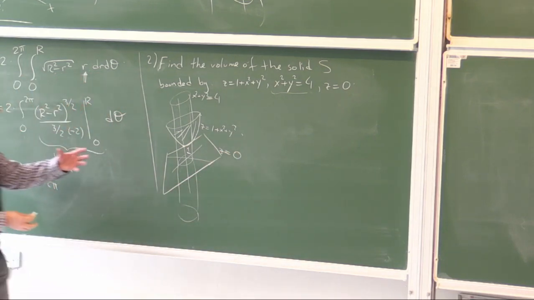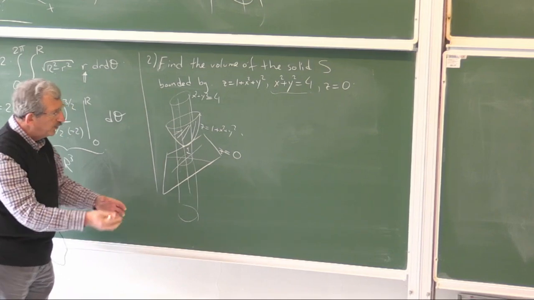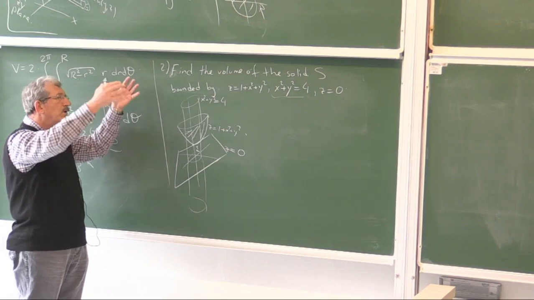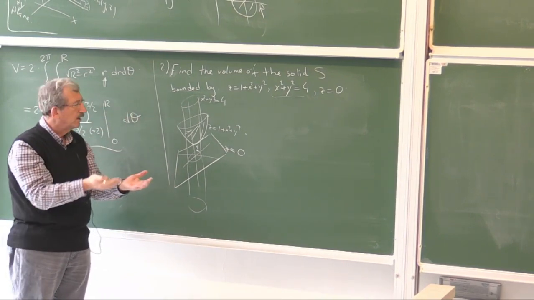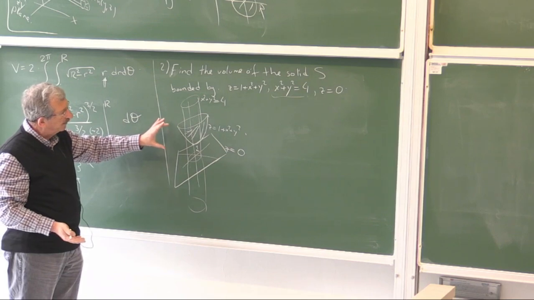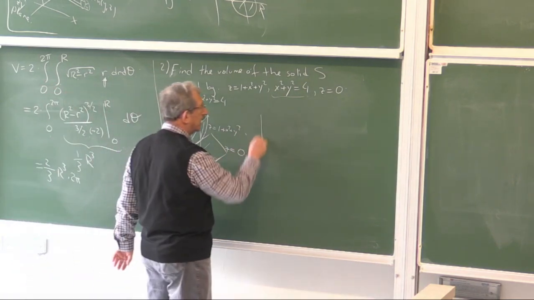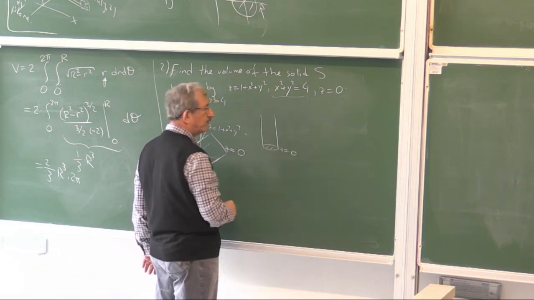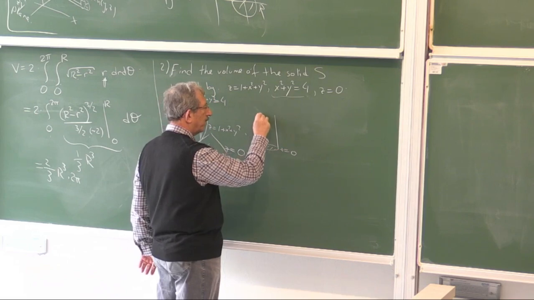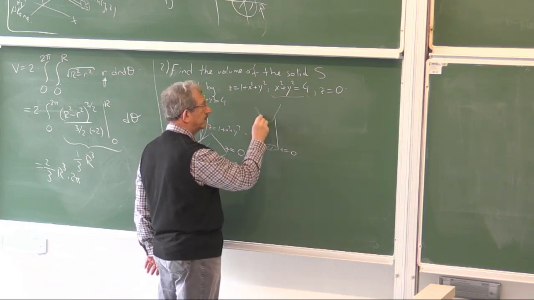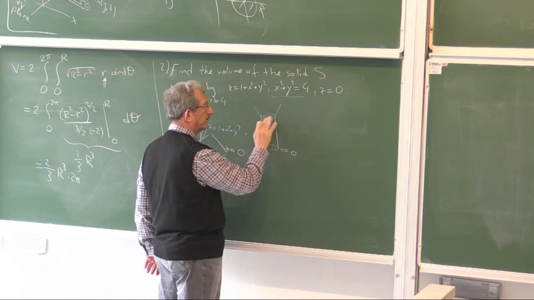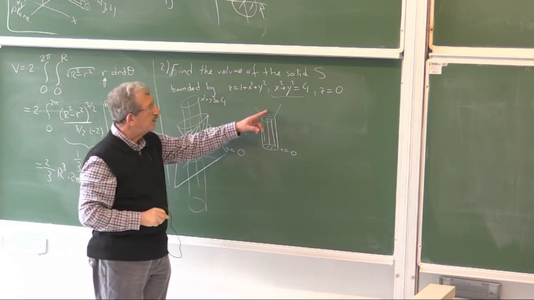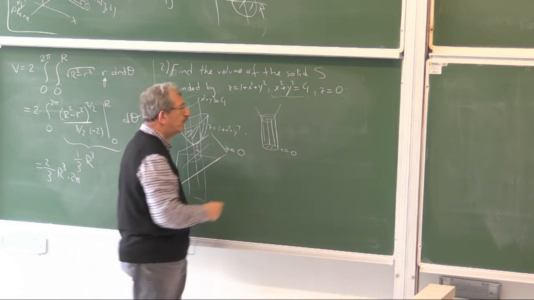So what happens? We have a cylinder, we cut it from the bottom by z equals 0. From the top, we bound it by a paraboloid. So if we make the picture in a better way, it looks like the following. This is the z equals 0 level, and at the top you have a paraboloid cutting through it.